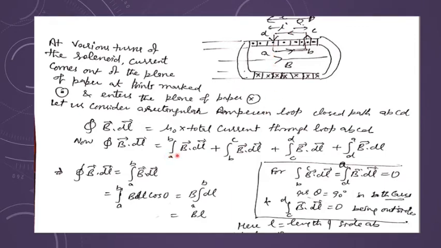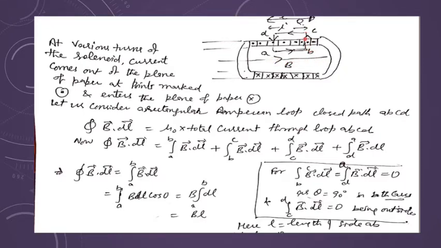So we add all the line integrals for the different sides to find it for the whole closed path. When I am moving from A to B, the direction of B and the direction of dl are the same, so theta is 0, and it is equal to B times the integral of dl from A to B. But for B to C, dl is in this direction and B is in this direction, so they are perpendicular to each other.